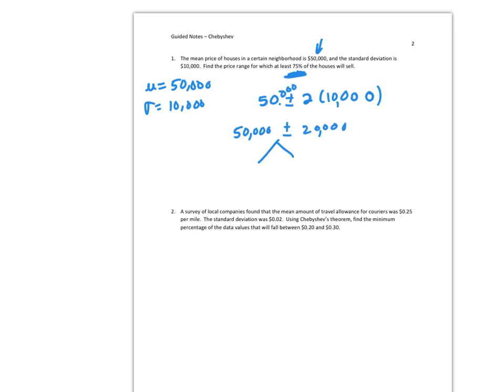So 50,000 minus 20,000 is 30,000, which is the lower end number, and the upper end would be 50,000 plus 20,000, and that would be 70,000.